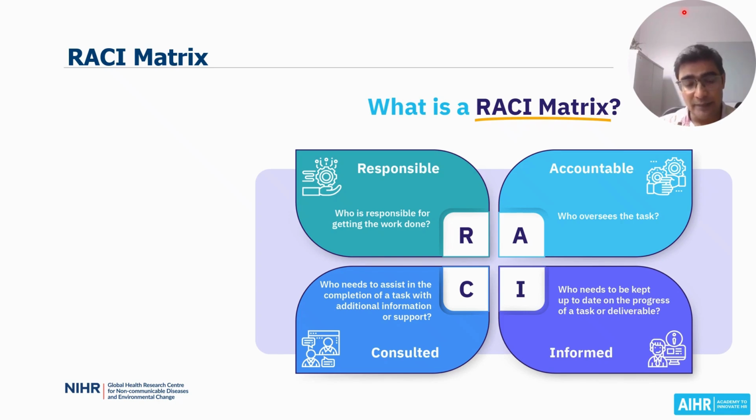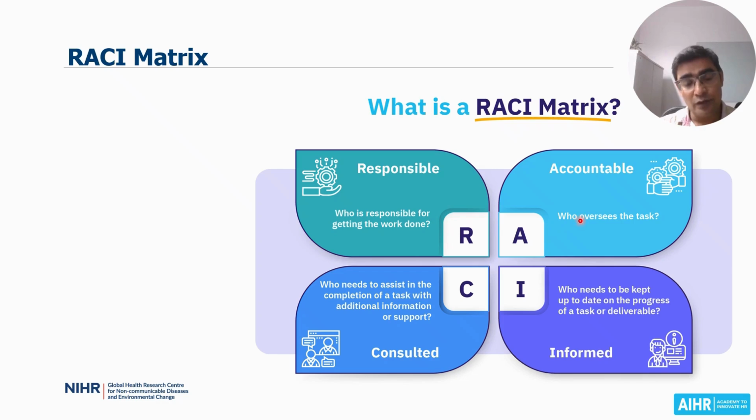A RACI matrix is a document that clarifies which individual or group is responsible for the project's successful completion, and the role that each will play throughout the project. So RACI: R stands for responsibility or responsible, so the person who will actually be responsible for conducting the task.